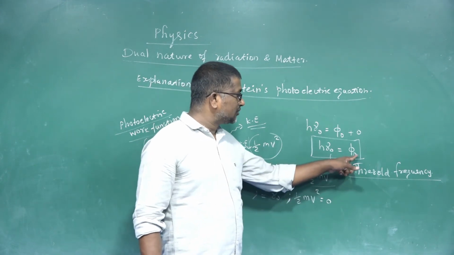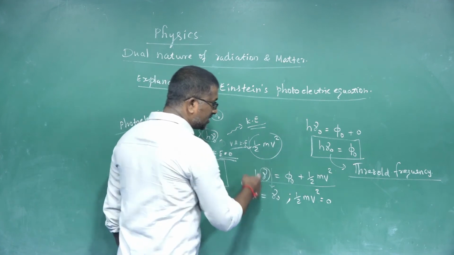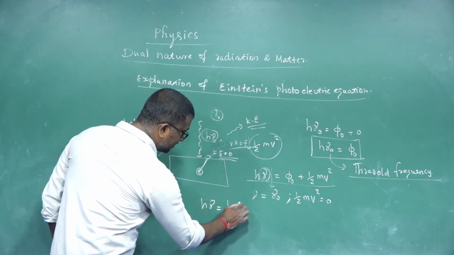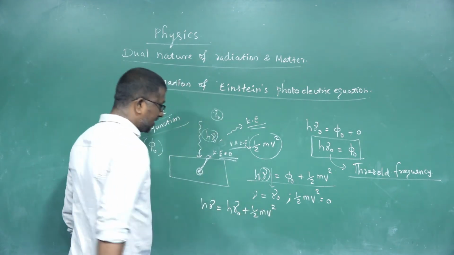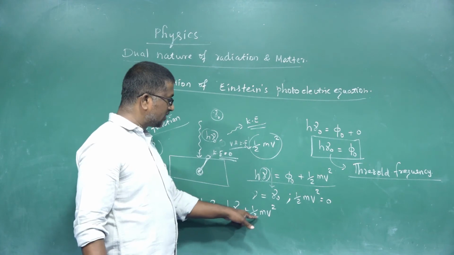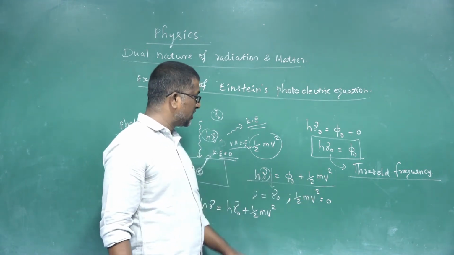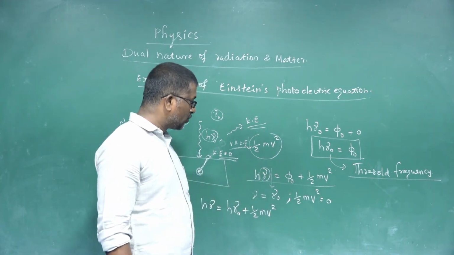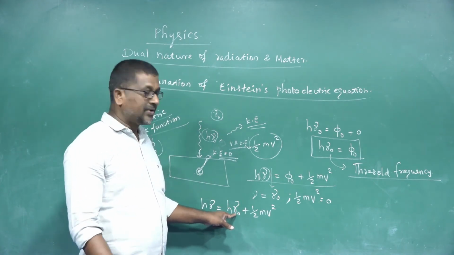Now substitute this in the equation. Then h nu is equal to h nu naught plus half m v square, or h nu is equal to phi naught plus half m v square. This is in terms of photoelectric work function, and the other is in terms of threshold frequency.